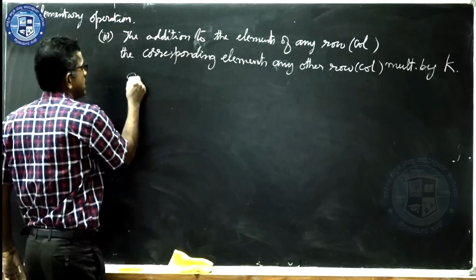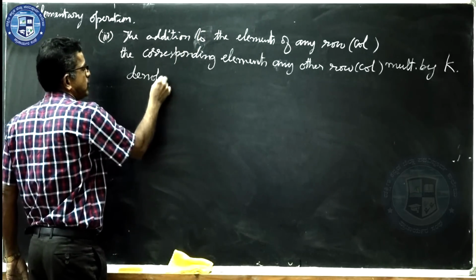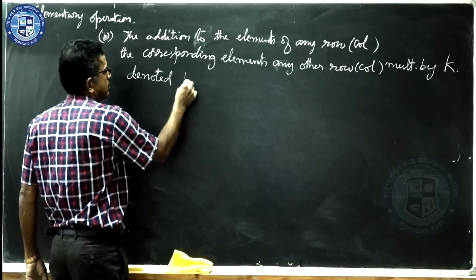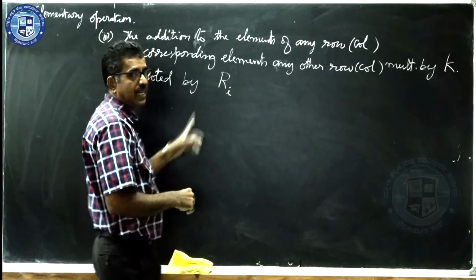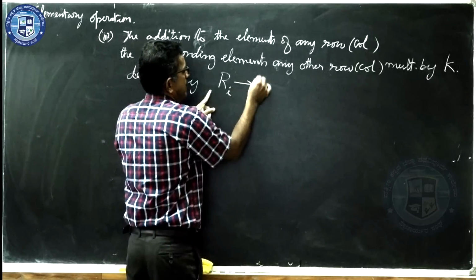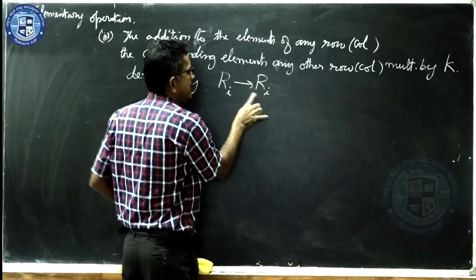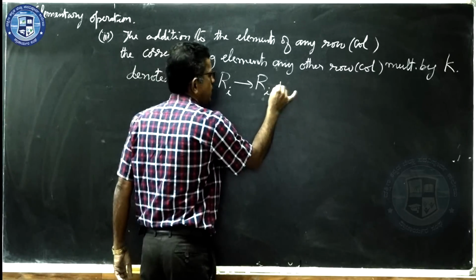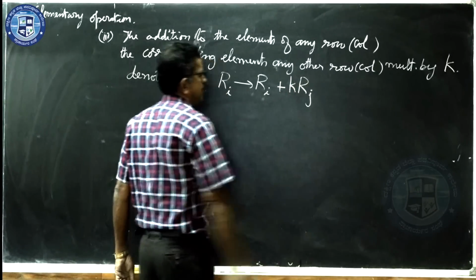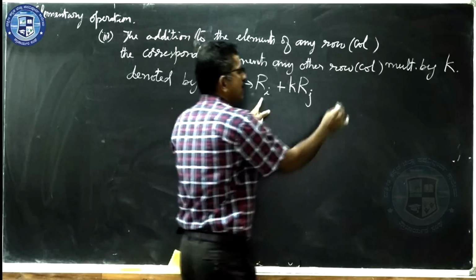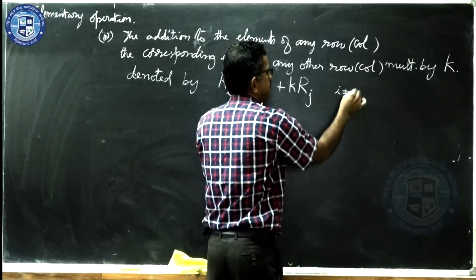So, just denoted by the notation for this kind of operation. I take ith row, Ri, means each element of ith row has to be added with the k multiple of Rj. Obviously, here i should not be equal to j.